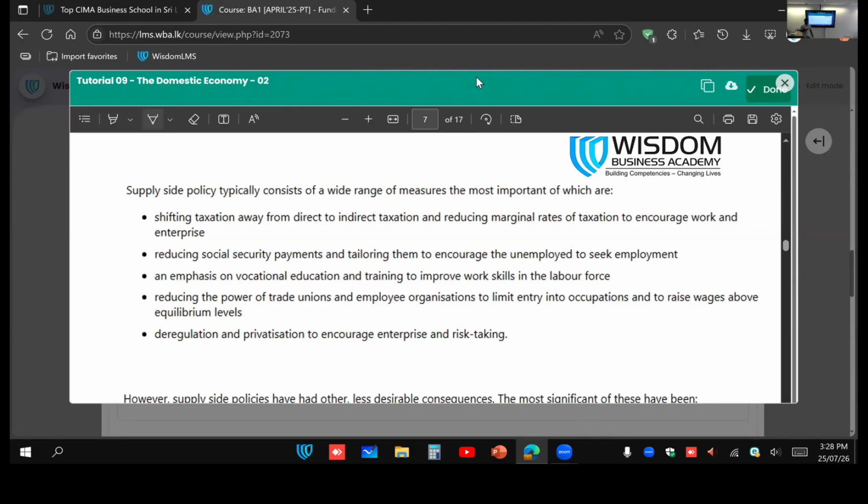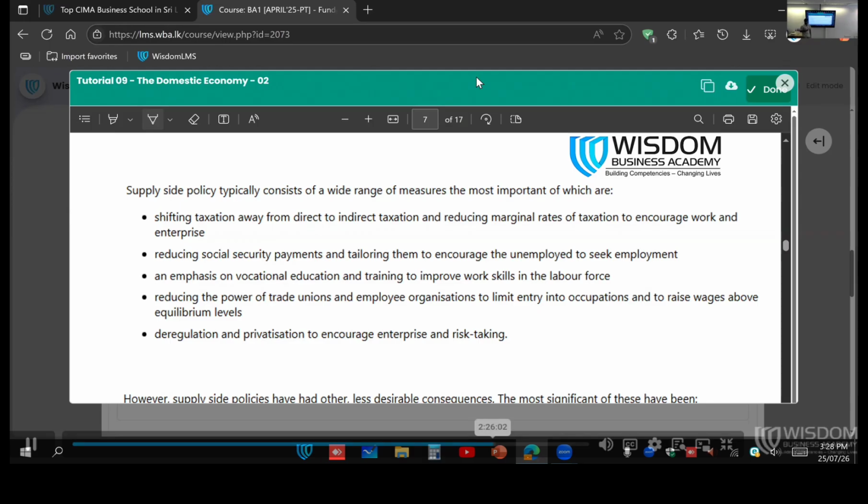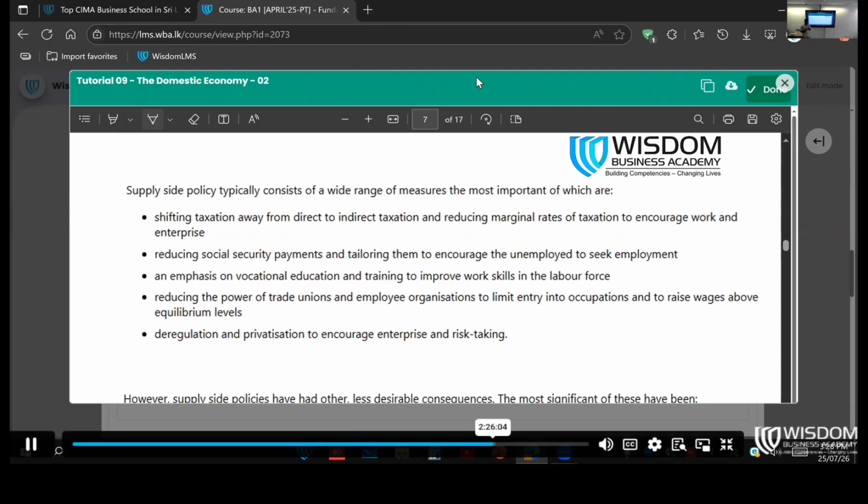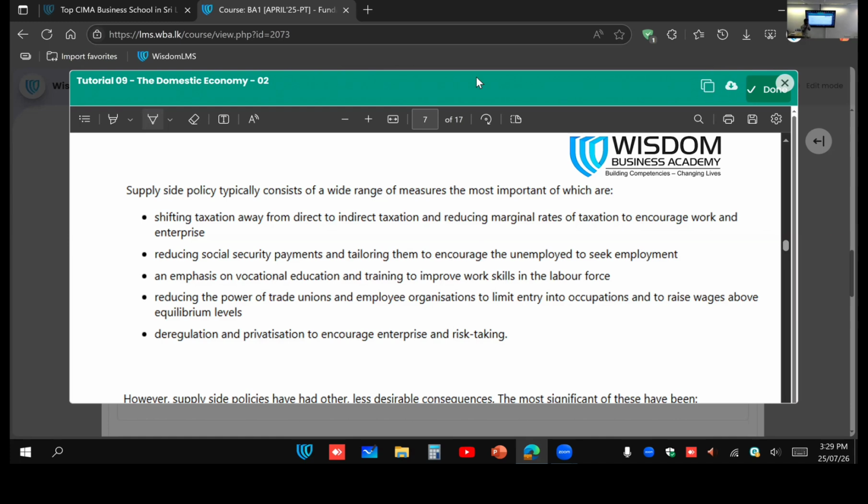You keep it and you leave, right? So if that is being encouraged, what would happen? Imagine if something like that comes in our country. I'll have 5 students in my CIMA class. Why? Everybody will stay at home and get that money.